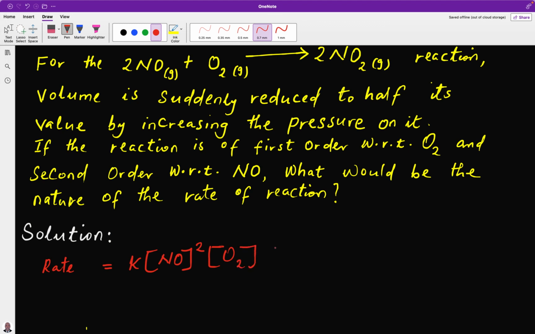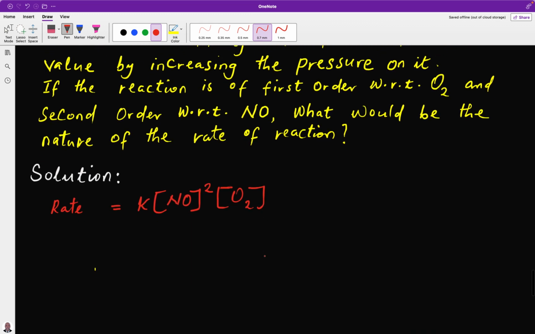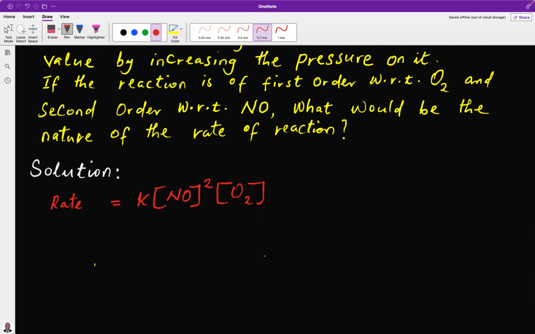And oxygen is first order. So when we have this rate of a reaction, now we are told the volume is reduced to half its value.